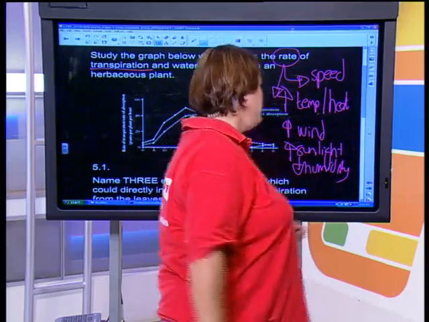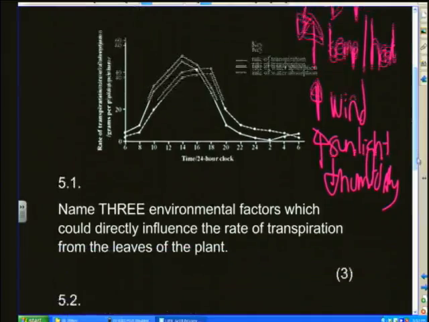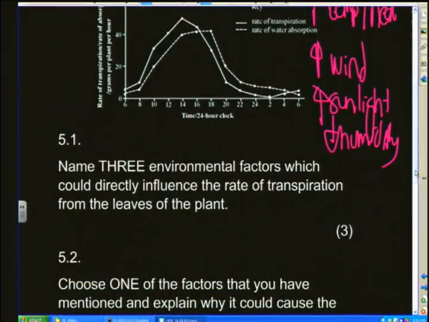Now, when we look at our graph, you will see it's a 24-hour clock, which means we have morning, afternoon, and night. And when we have morning, afternoon, and night, we have sunlight, and then we have no sunlight.